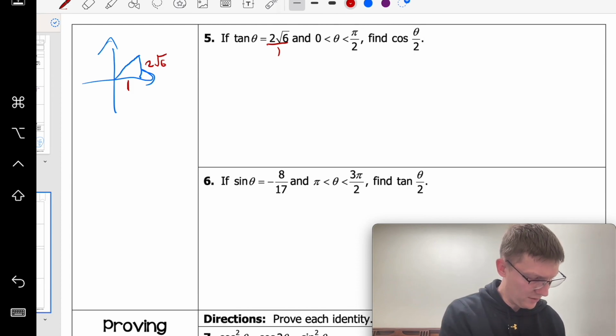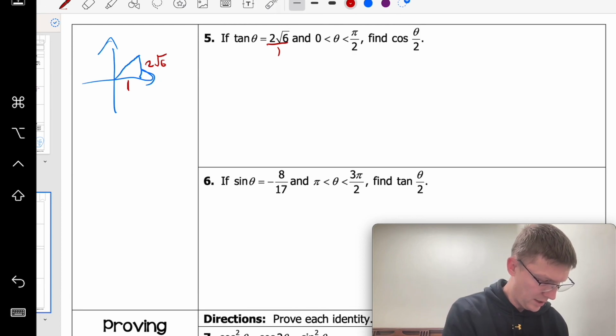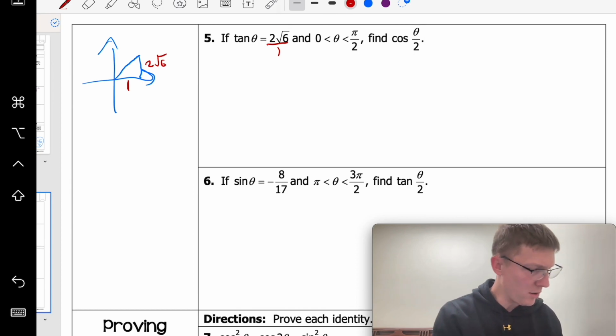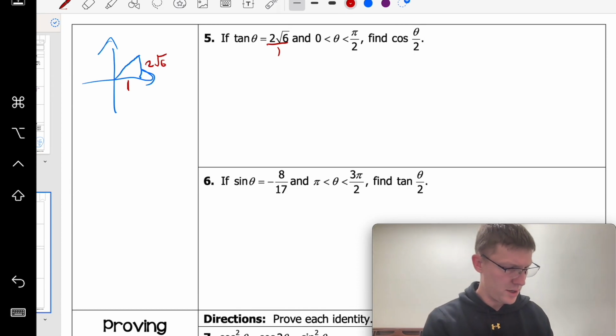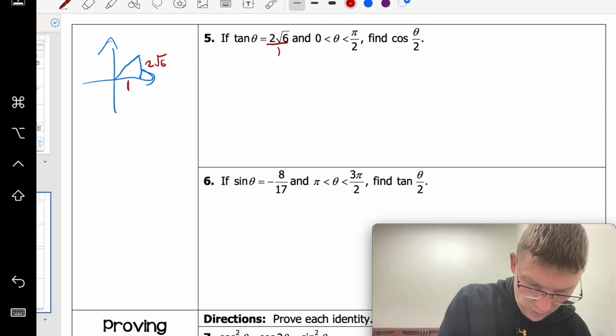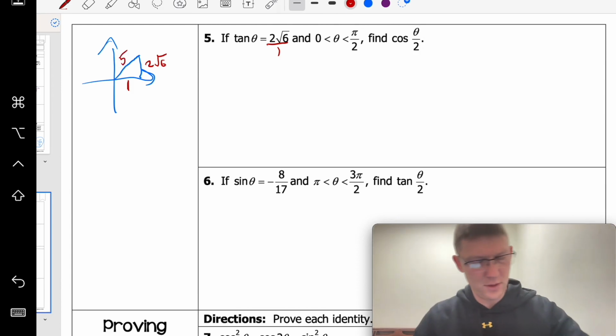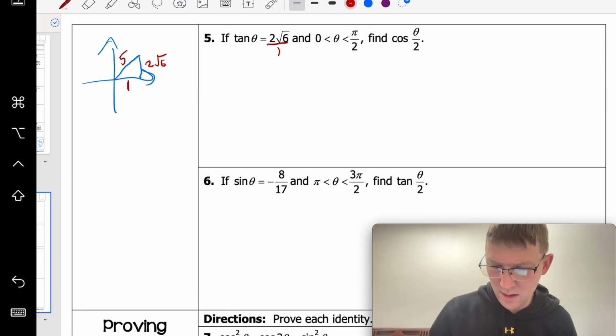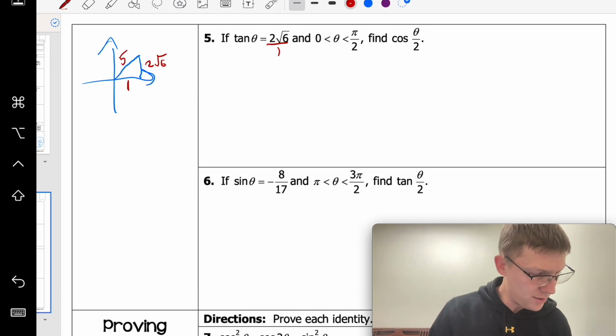Okay, I need parentheses. 2 square root of 6, get out of the square root, close parentheses, squared. Plus 1 squared. 1 squared is just 1. Hey, look, we get 25. So then the square root of that is just going to be 5. Okay, from that, we can figure out our angle.